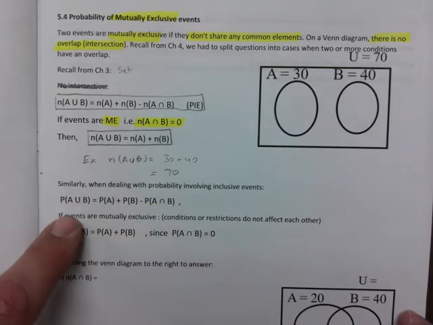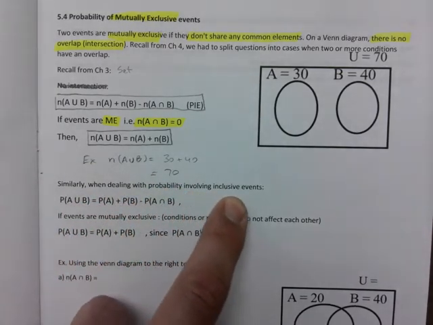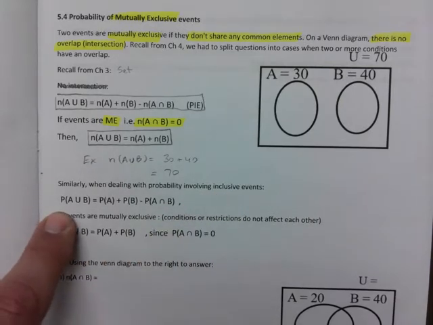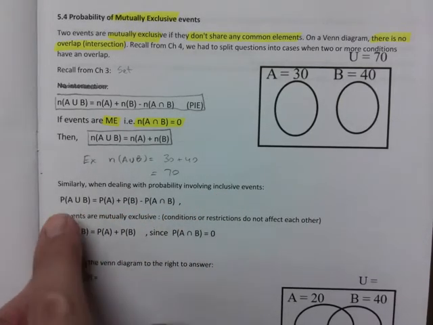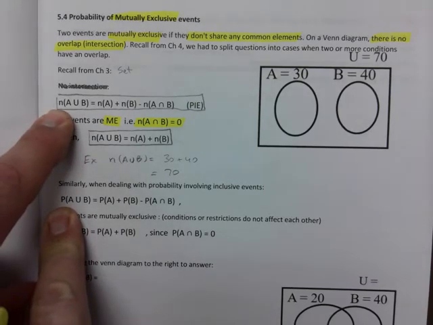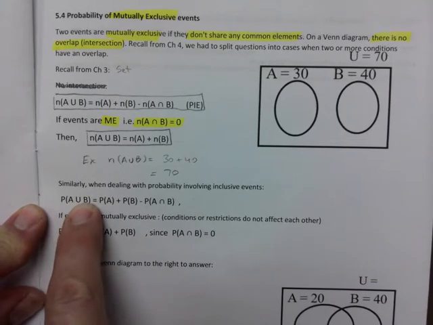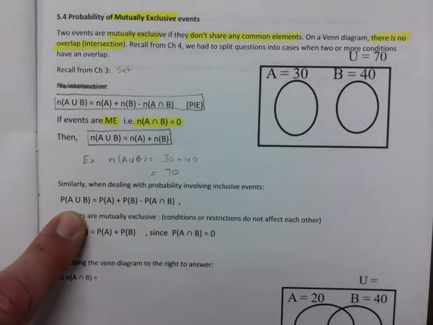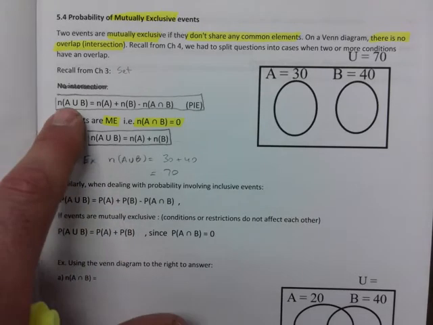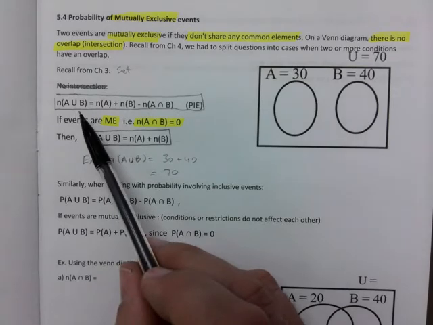So no surprises there. Similarly, when we're dealing with probability involving inclusive events, notice that the notation has changed, from number of elements to now probability. Everything is probability, but it still follows the principle of inclusion and exclusion.